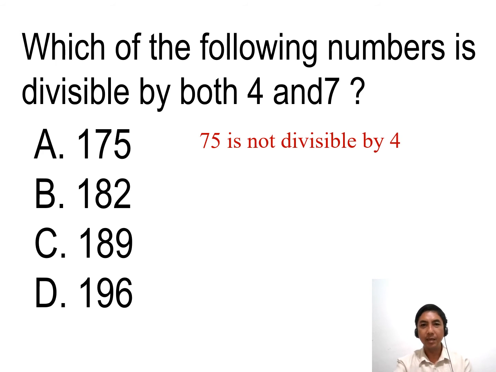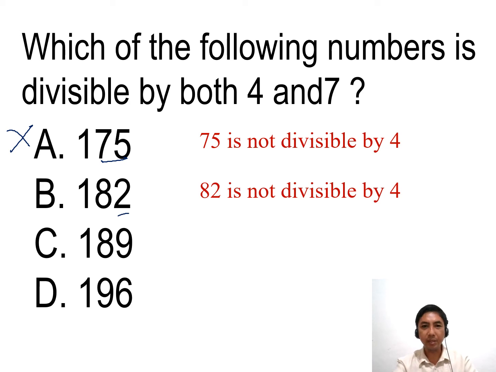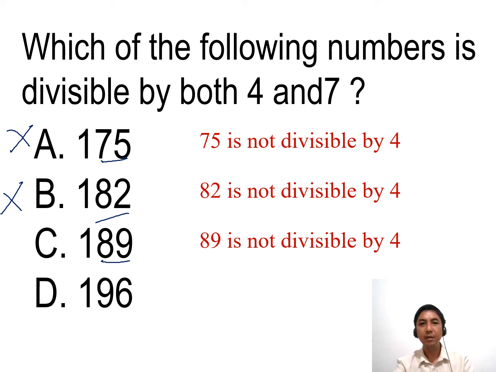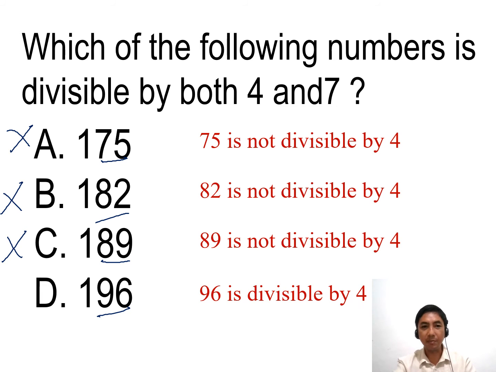So in this case, 75 is not divisible by 4, then the whole number is not divisible by 4. 82 is not divisible by 4, so the whole number is not divisible by 4. 89 is not divisible by 4, so the whole number, 189, is not divisible by 4. But 96 is divisible by 4. So, wala tayong ibang mapipili diyan kundi ito. Kaya lang, hindi pa natin nagagamit ang 7.